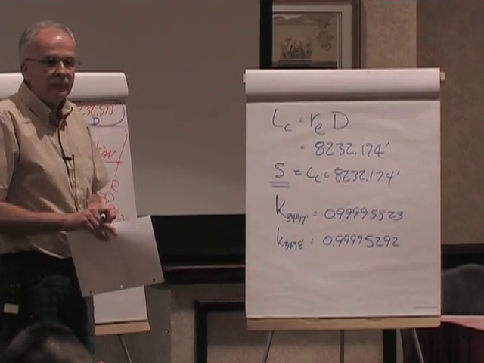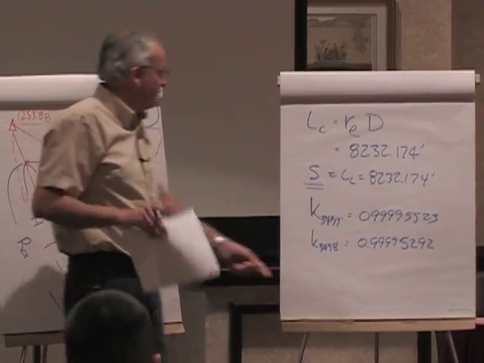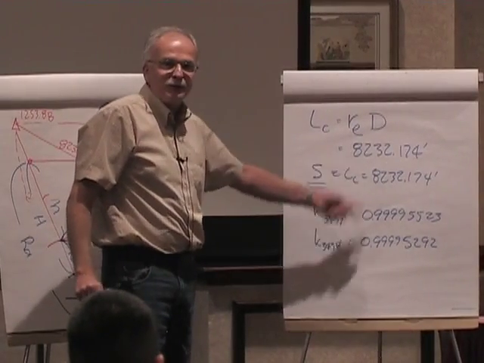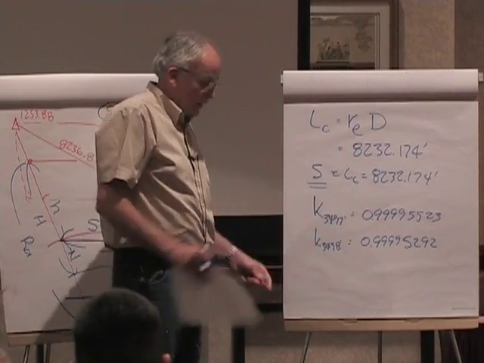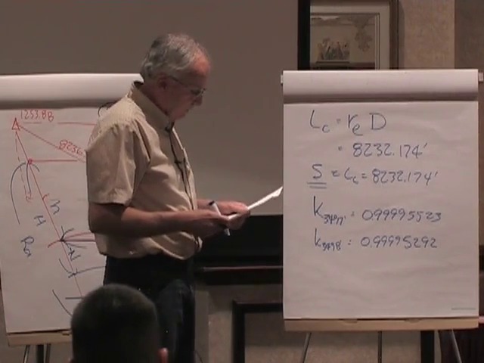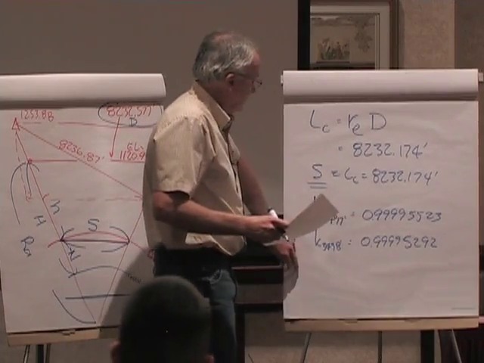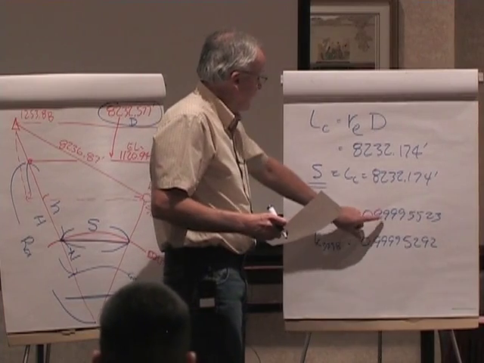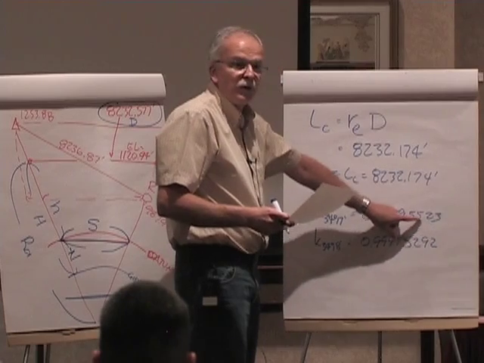Unfortunately, in the projection tables, they don't give you a tabular difference to figure this one out. You just got to do a simple proportion. So, the simple proportion, the difference between these two, if you will, is 0.0000231.